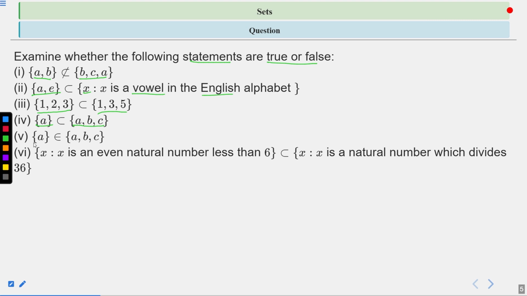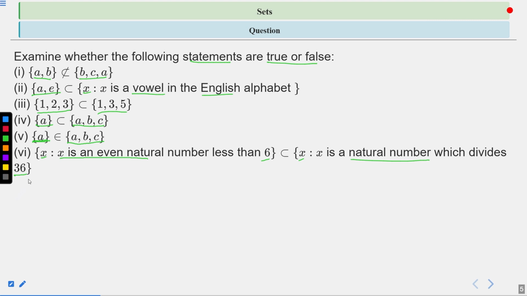And fifth, this curly brackets A, this singleton set, belongs to the set in roster form with elements A, B, C. And sixth, this set described in set builder form, the collection of X such that X is an even natural number less than 6, is a subset of the set described in set builder form, the collection of X such that X is a natural number which divides 36.